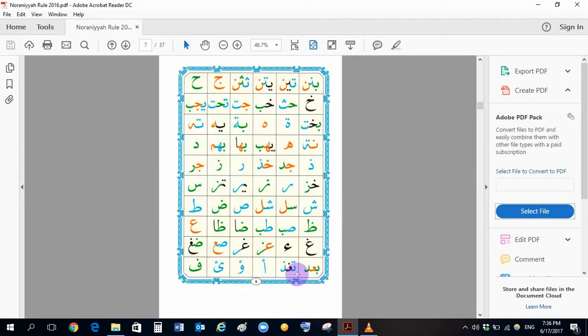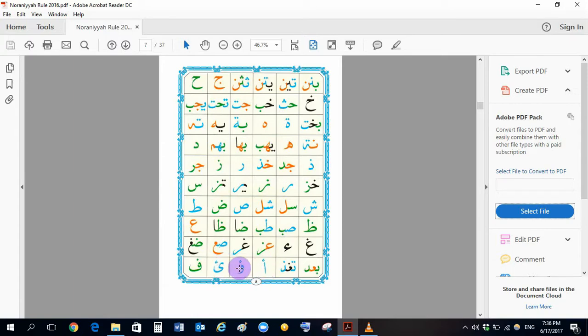Alright, now I needed to say that this is for those who are maybe now following us. Maybe they didn't study the Al-Qaida Nuraniyah. This one here is a combination of Hamza. So this is the Hamza in separate form, and here also these three forms of Hamza should be read as Hamza, Hamza, Hamza.